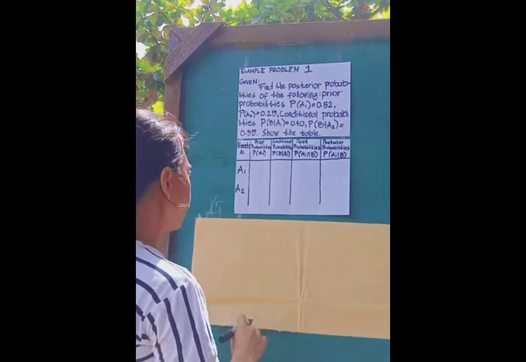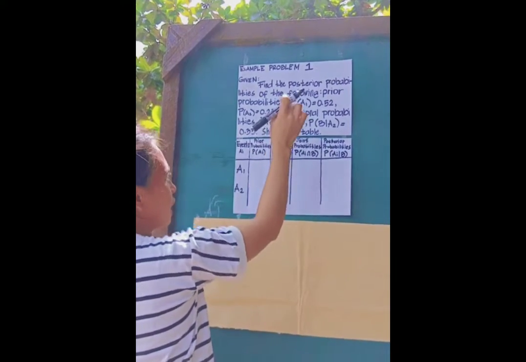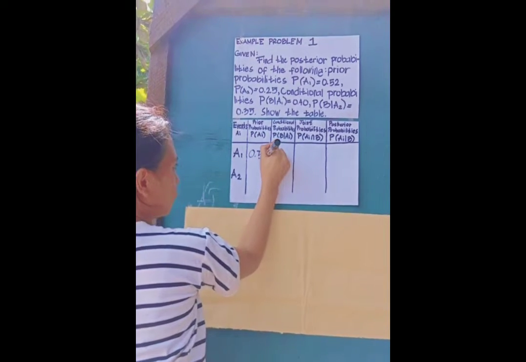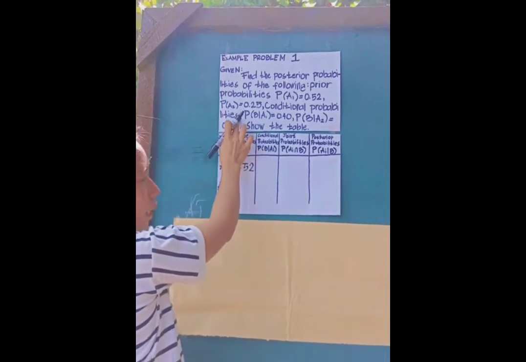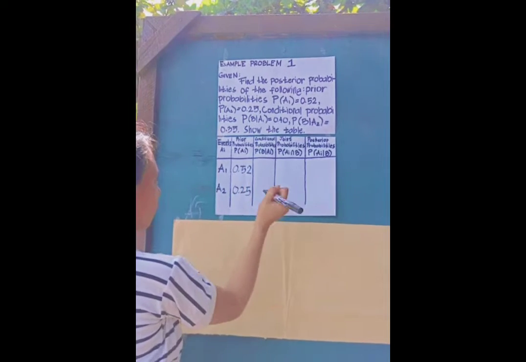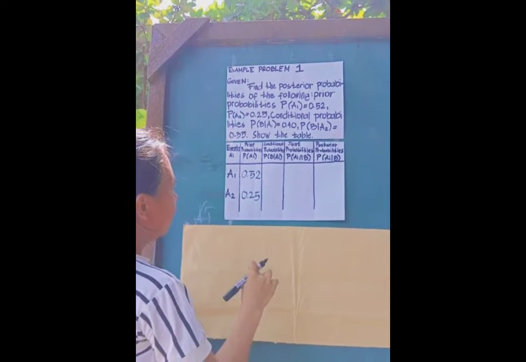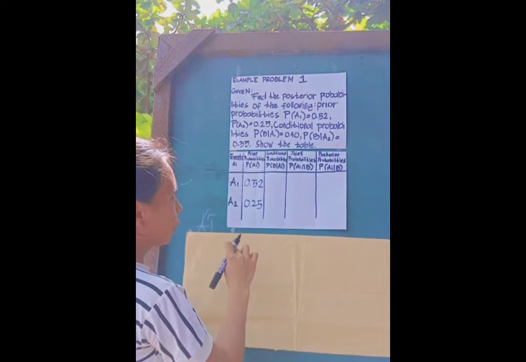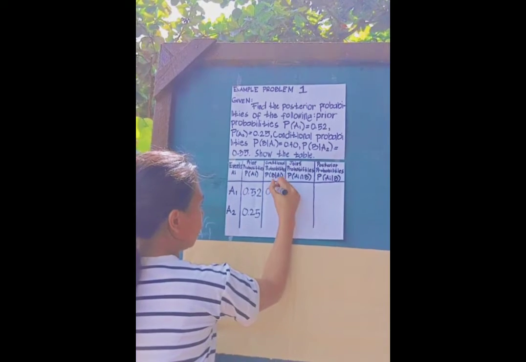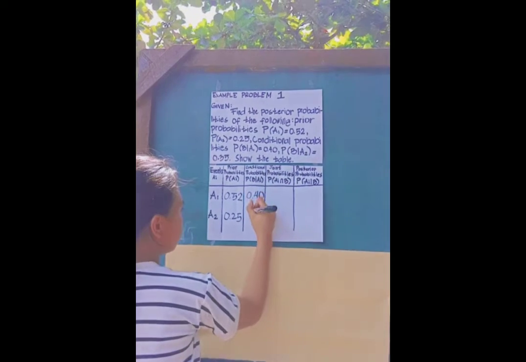So the A sub 1 is 0.52, and the A sub 2 is 0.25, and the probability of B given A sub 1 is 0.40, and A sub 2 is 0.35.